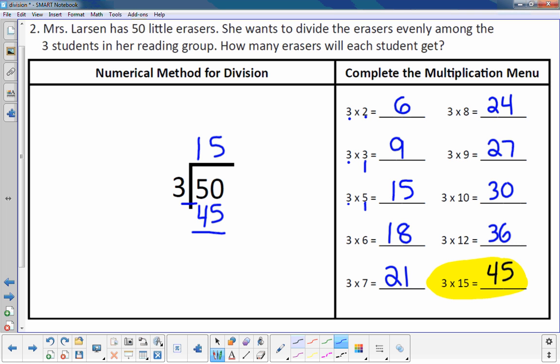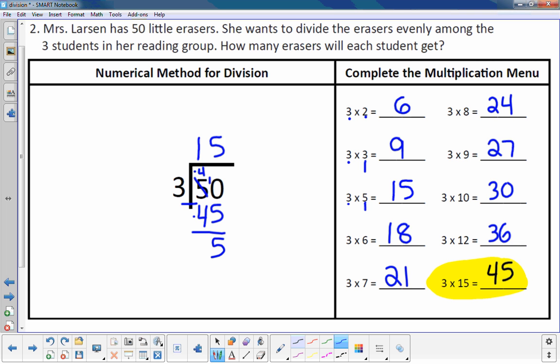and I'm going to subtract. Well, I need to borrow from the 5, make my 0 a 10, and 10 minus 5 is 5. And I have 4 minus 4, that's 0. Now I look at that 5, and how many 3's go into 5?